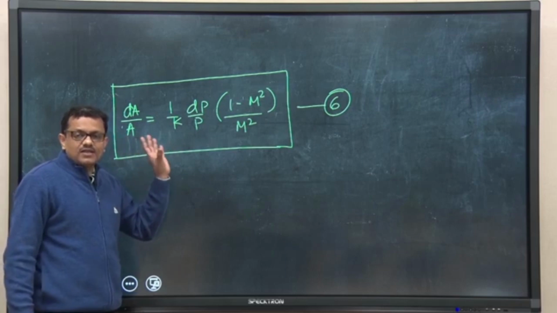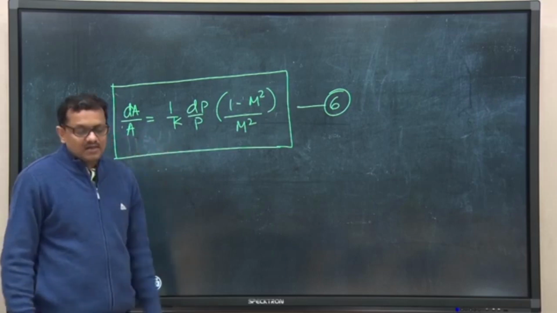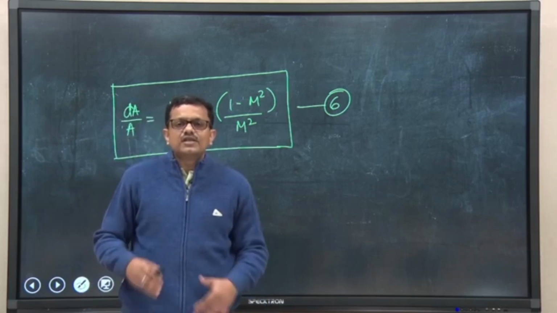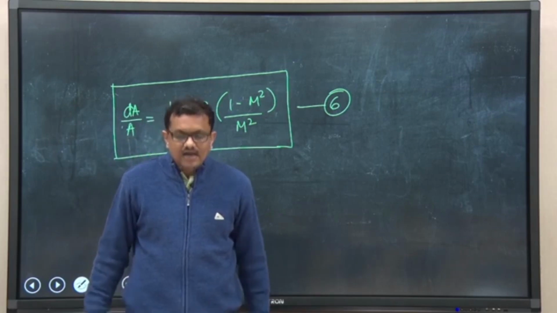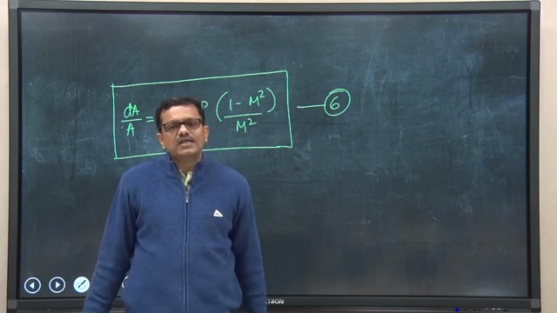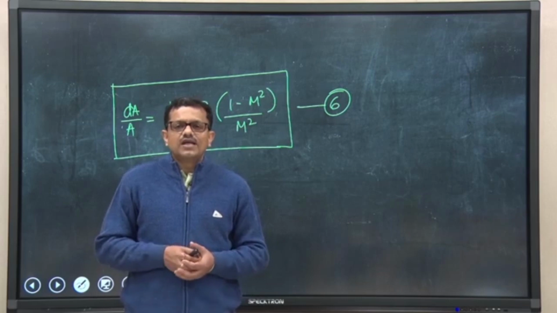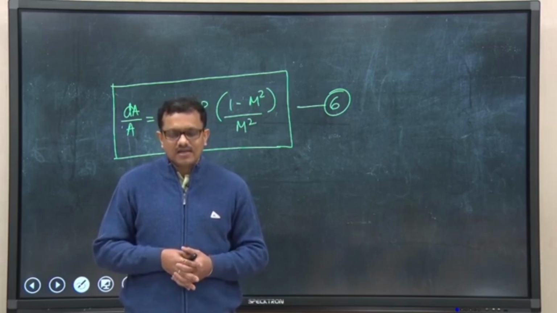The physical significance of this equation is tremendous; we shall discuss several cases in the next class. With this I stop here today, and we shall continue our discussion in the next class. Thank you.